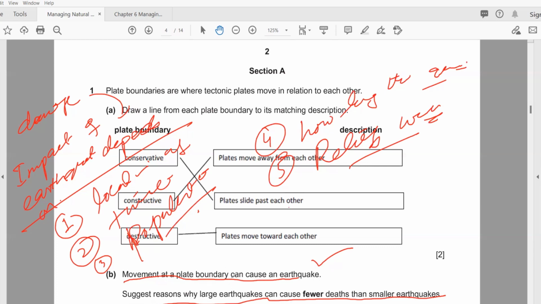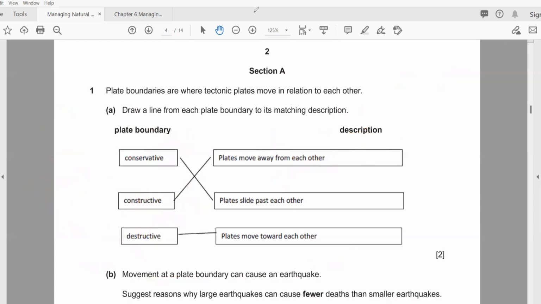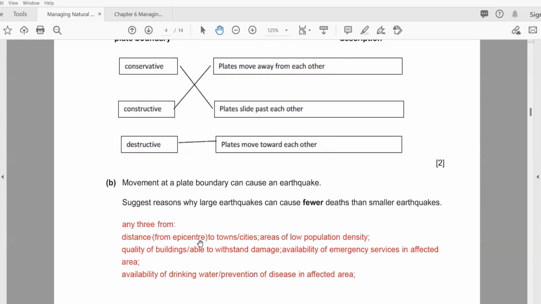So, suggest why some large earthquakes, sometimes the earthquakes are large but the deaths are fewer. What can be the reason? The reason can be from these, which we have discussed now. You see the answer: distance from the epicenter. Maybe the earthquake was very heavy, but the cities are away from the epicenter, so it is less dangerous. Areas of low population density. Quality of the buildings.